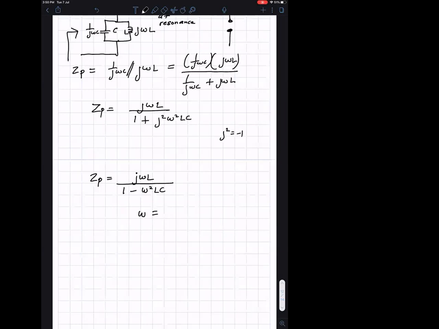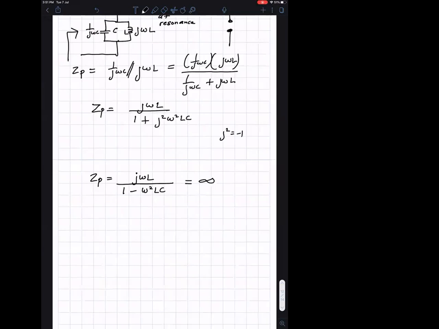If omega squared LC, if 1 minus, what can make this equation go to infinity? For open circuit, you must have infinity, right?